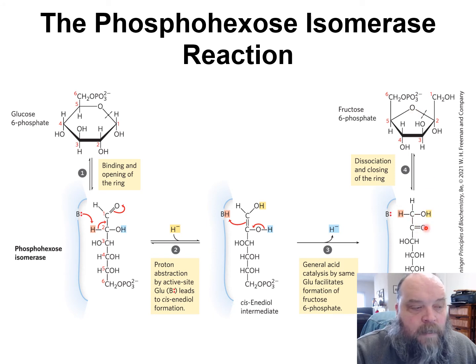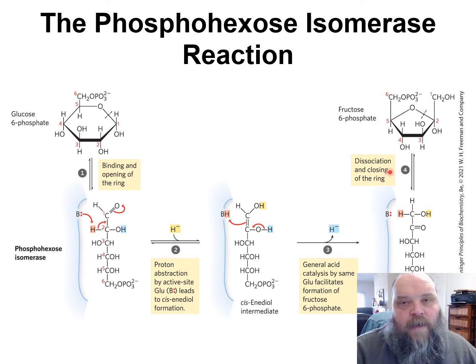So this carbonyl here, this double bond here will be shifted to carbon 5 right here. So you'll now have a bridge between carbon 2 and carbon 5. Look, 2, oxygen, bridge, 5. So it's now a 5-sided ring. Carbon 1, carbon 6 are now sticking up there.